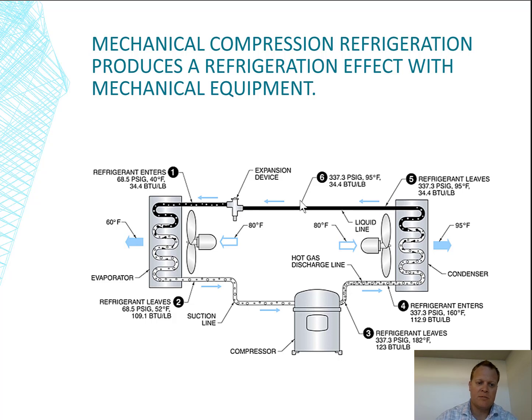Same thing with this. I think the whole thing would be better upside down, because the liquid's usually in the bottom of the coil, not the top of the coil. Anyway, the point being, it doesn't matter.